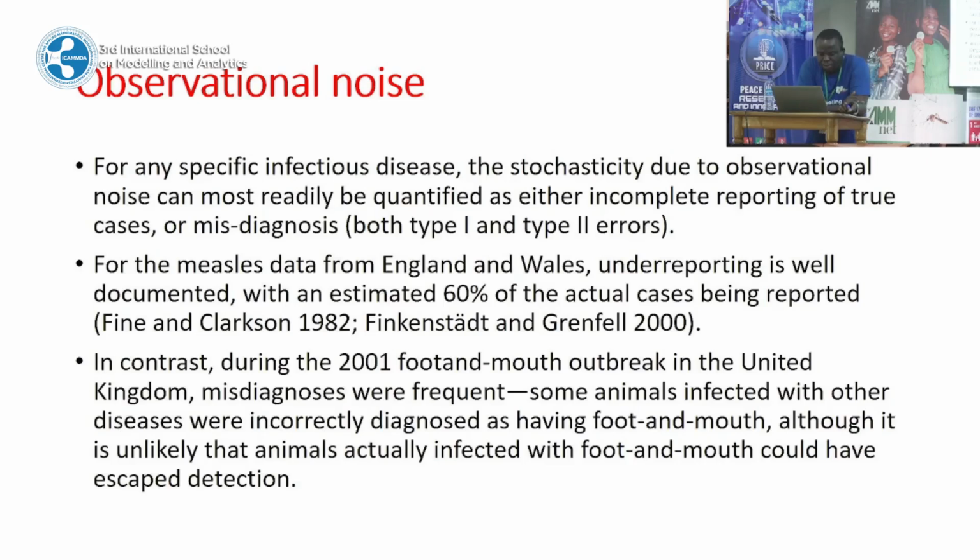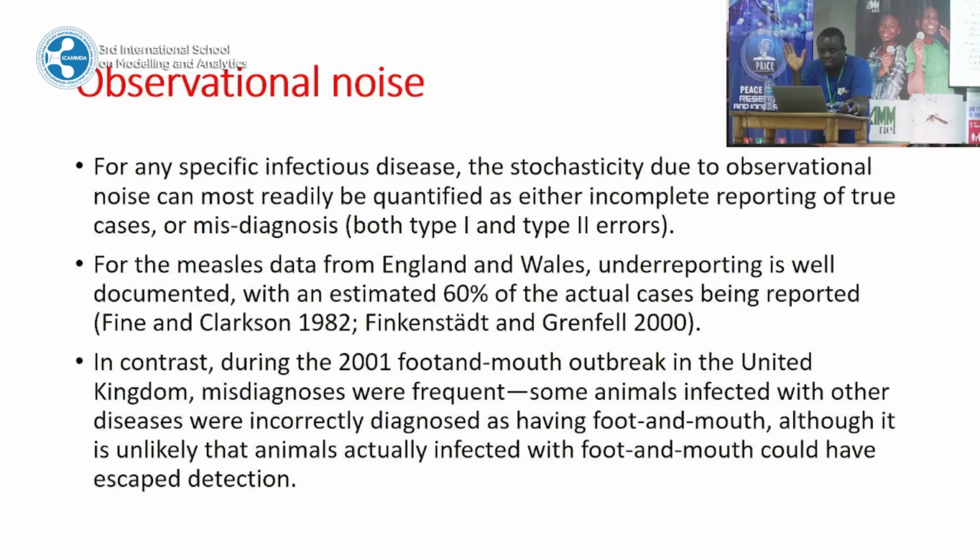Now, for the measles data from England and Wales, under-reporting is well documented, with an estimated 60% of the actual cases being reported. The remaining 40% were unreported cases.